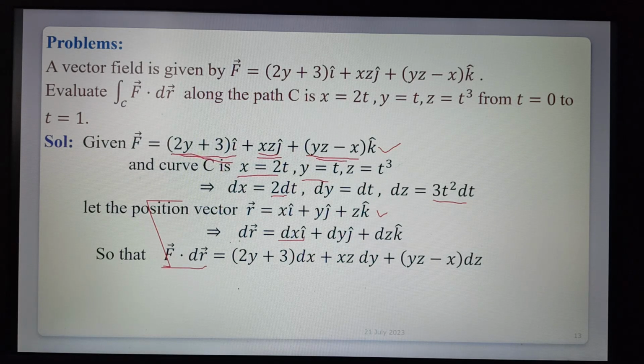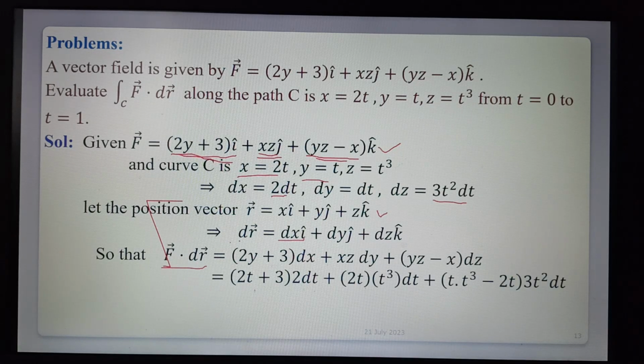Okay, now these three variables x, y, z are converted to the single variable t, as already given in terms of t, replacing x, y, z with functions of t. So that is equal to: 2y is 2t, plus 3, into dx is equal to 2 dt, plus xz, where x is equal to 2t and z is equal to t cube, into dy is equal to dt, plus yz, where y is equal to t and z is equal to t cube, minus x is equal to 2t, into dz is equal to 3t square dt.